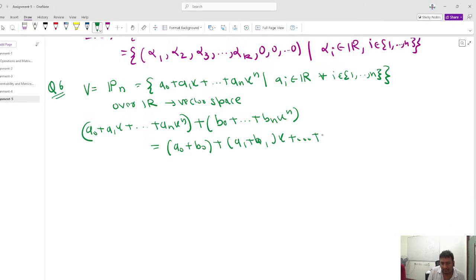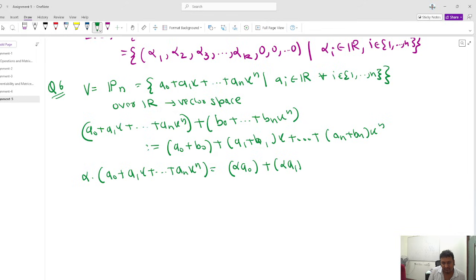So (a0 + b0) + ... + (an + bn) x^n. That is how you define vector addition here. And how do you define scalar multiplication? I think you might have guessed that by now. It is nothing but αa0 + αa1 x + ... + αan x^n. That's how you define it.